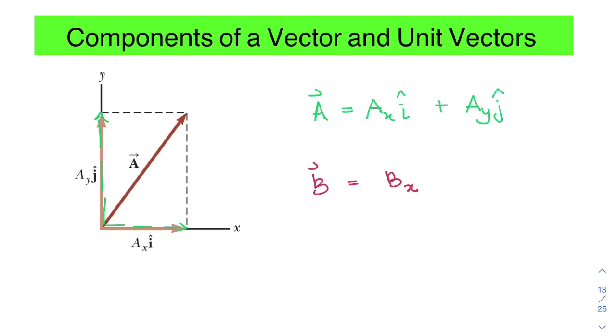Vector B also has its components: Bx with how many units along the x-axis, plus By along y. How many units along y?